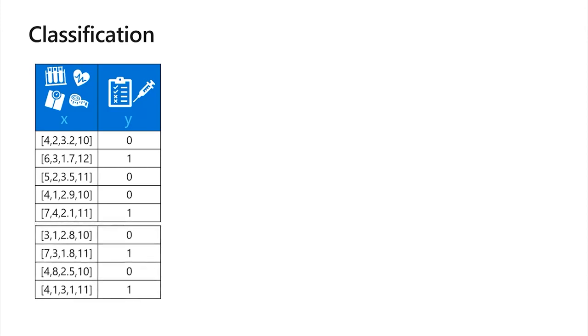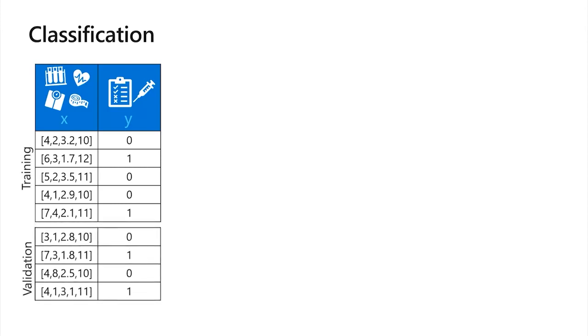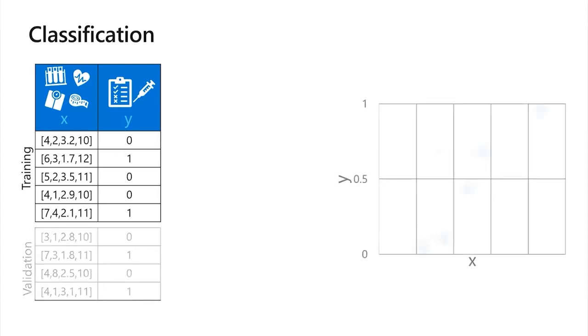But first, let's do the same as with regression. We're going to split the data up into a training set and a validation set. Training set to train our algorithm, and a validation set to validate the algorithm. We're also going to plot these values on a line. Horizontal axis, we've plotted the features, and the vertical axis, we plotted the y, the outcome variable, or whether a person does or does not have diabetes.